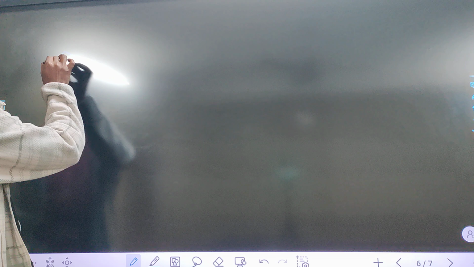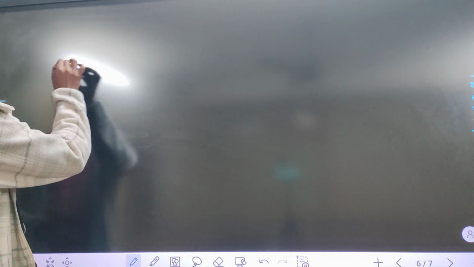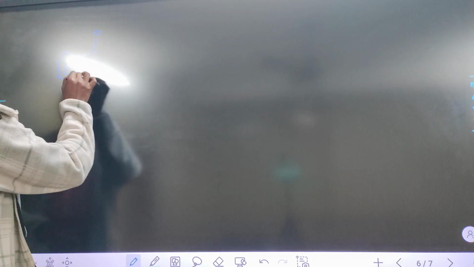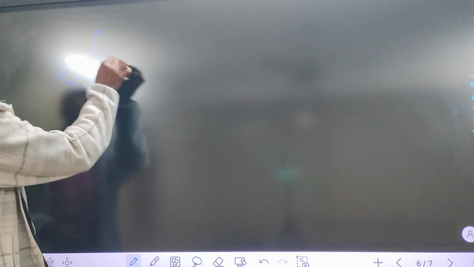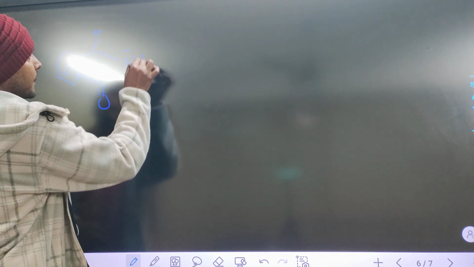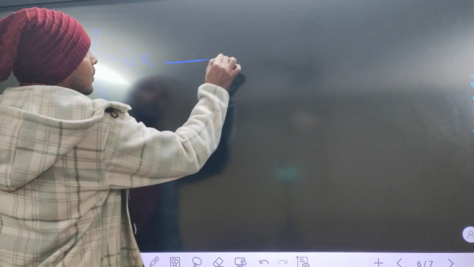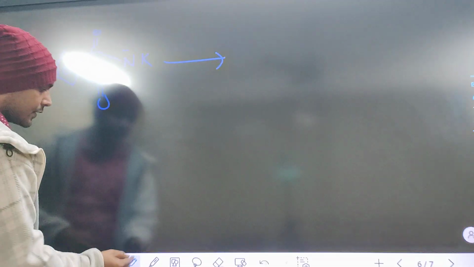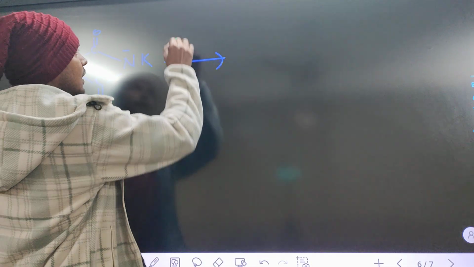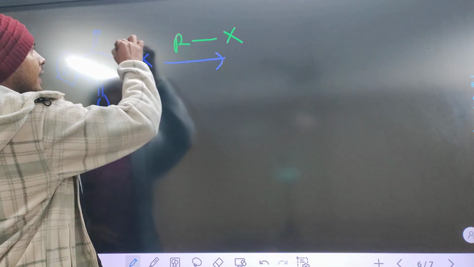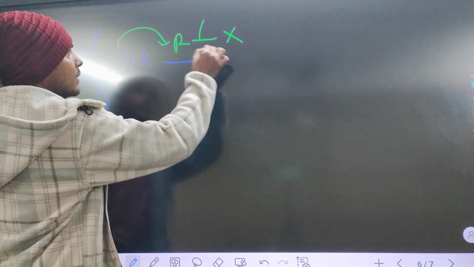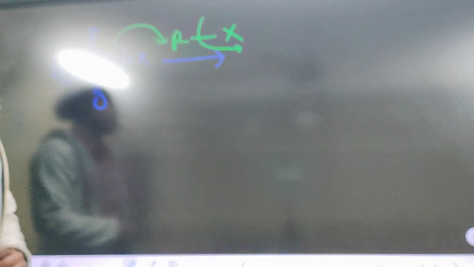So coming to the next page, here we are making a nucleophile which will attack on RX. This is the nucleophile which is going to attack on RX. This is R or X. When it attacks from the back side, this X will be released.